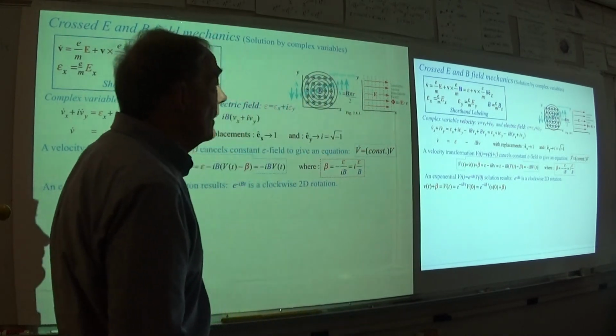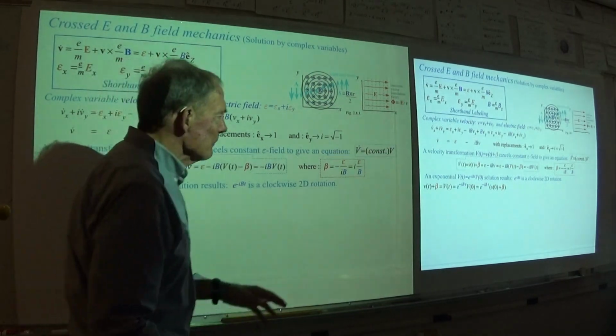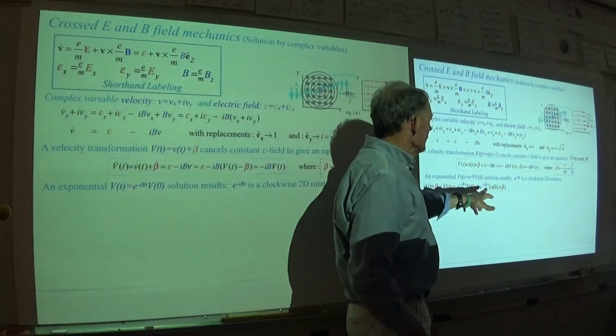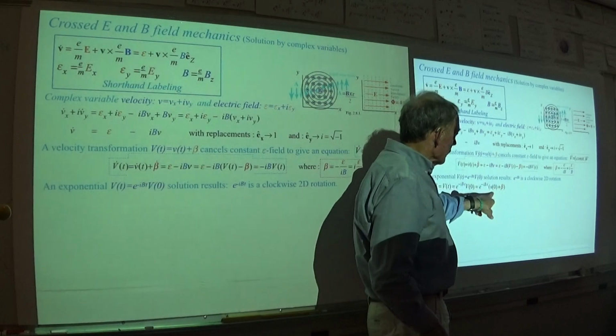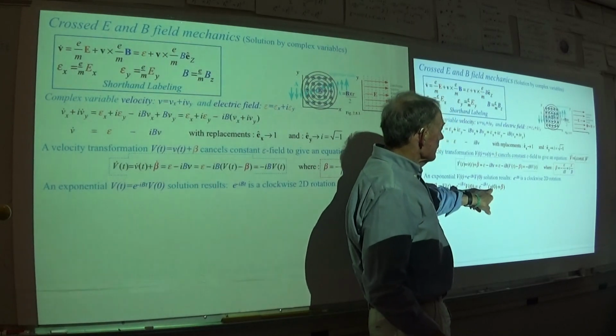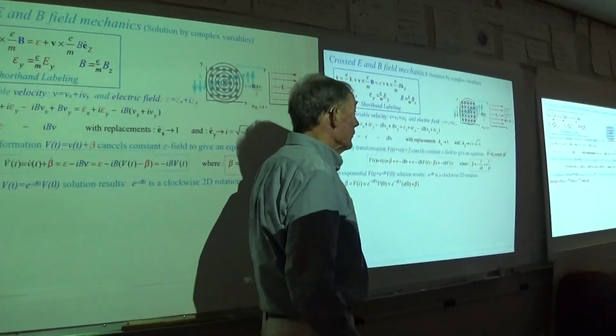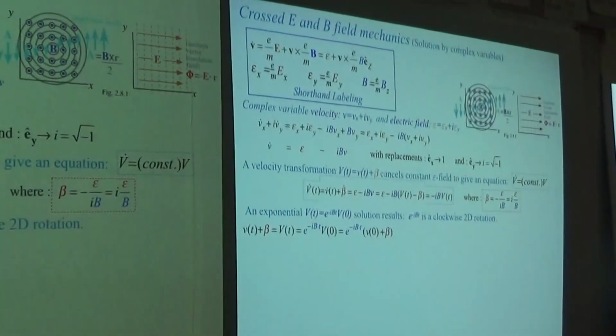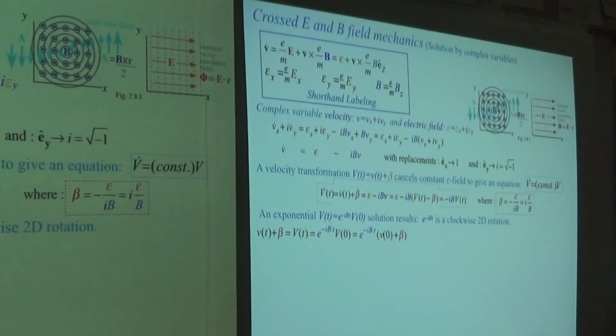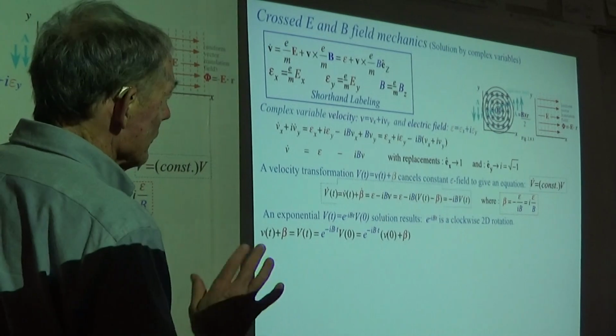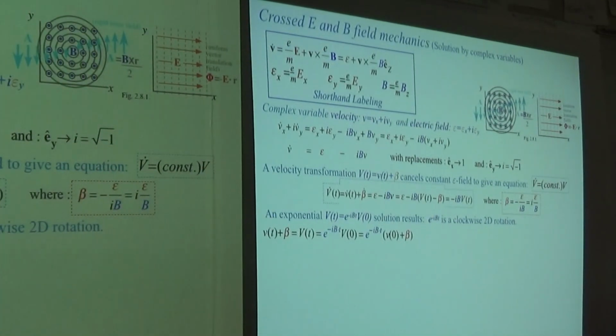We get that the v 0, and we remember that the v 0 is the old velocity, little v, plus that translation that we've added. And remember, we're keeping the electric field and the magnetic field constant, so this is something that you're adding a constant to a dynamic quantity.